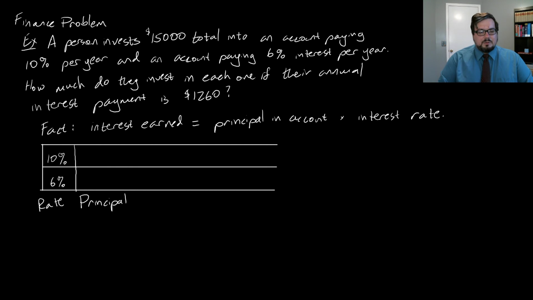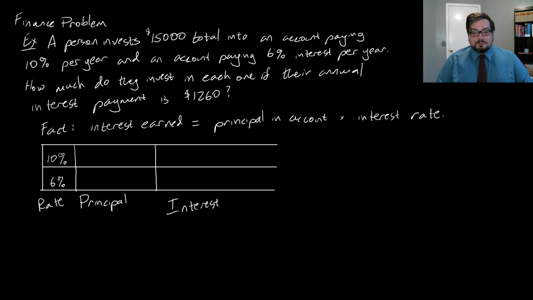We've got the rate, we've got the principal, and from these we can describe the interest. Now, we don't know how much is in either one of these. We do know what the total interest is, but we're going to need to express the interest for each account individually first before we can use the fact that the total interest payment is $1,260.